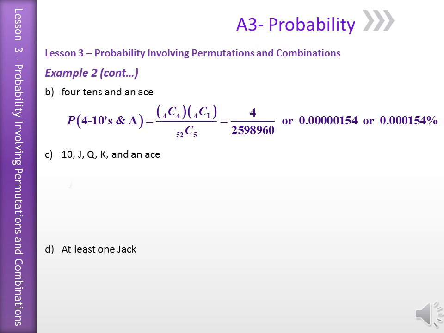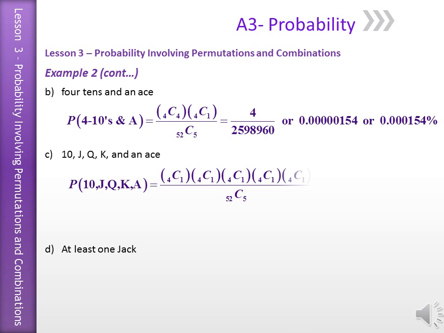If we're looking for a 10, jack, queen, king, and ace, our probability would be 4 choose 1, that's for our 10. For our jack, it would be 4 choose 1. For our queen, 4 choose 1. For our king, 4 choose 1. And for our ace, 4 choose 1. All over our 52 choose 5.